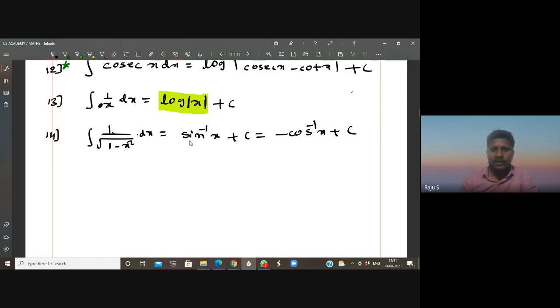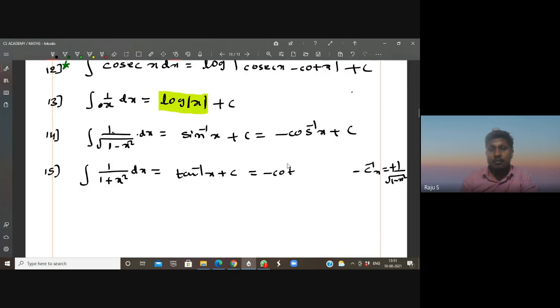When you differentiate sine inverse x, the derivative is 1 by root over 1 minus x square. When you differentiate minus cos inverse x, the derivative of cos inverse x is minus 1 by root over 1 minus x square, and minus times minus gives plus, so we get the same. The integral of 1 by 1 plus x square dx is tan inverse x plus c, which can also be written as minus cot inverse x plus c.